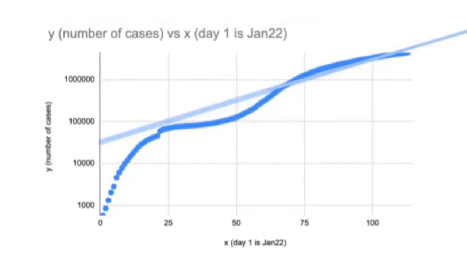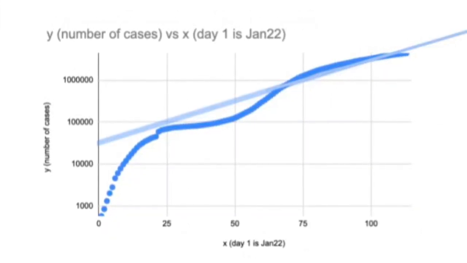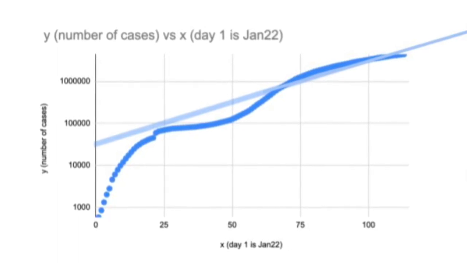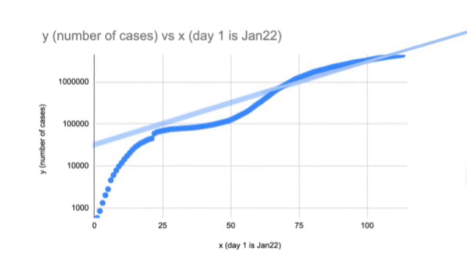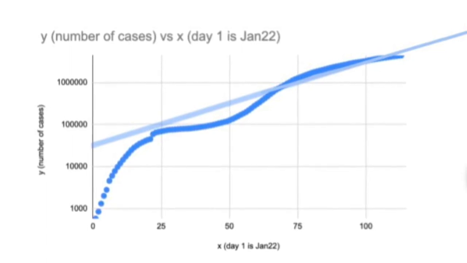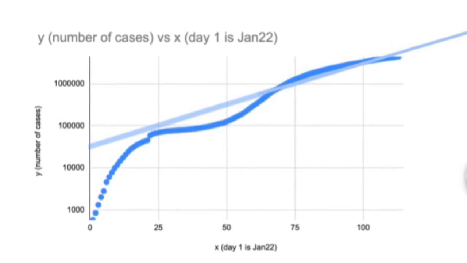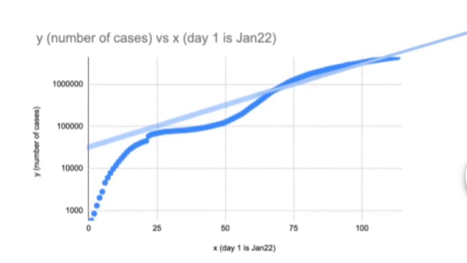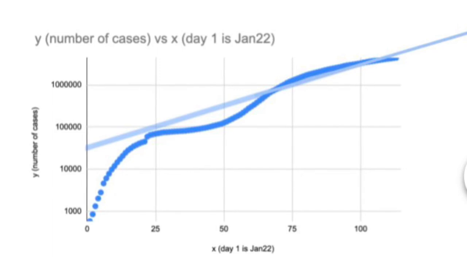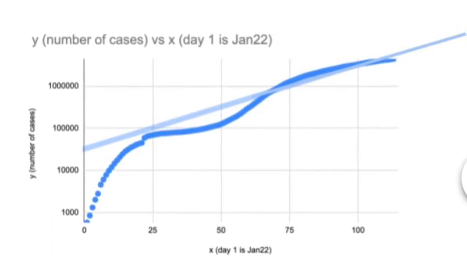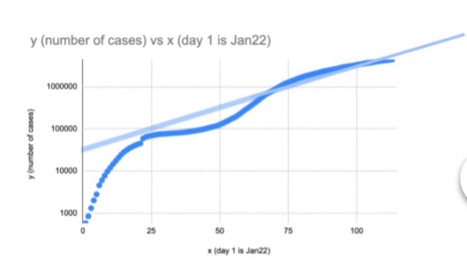Our blue curve seems to be falling beneath that. And if you look at this graph here where I've extrapolated, it looks like our dark blue curve is going to definitely go lower than the linear curve as time goes on, which would suggest that the coronavirus is no longer growing exponentially. And that's what they're referring to when they are talking about leveling off the curve.